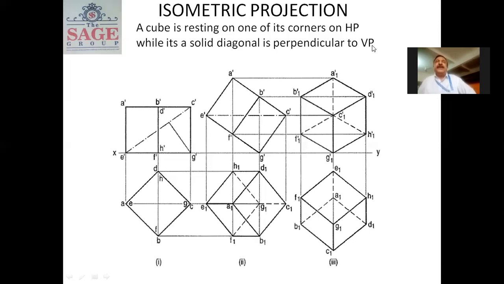This is our question. So now in second step, we make the solid diagonal parallel to HP, and like this, turn this rectangle, means it is resting on a corner.